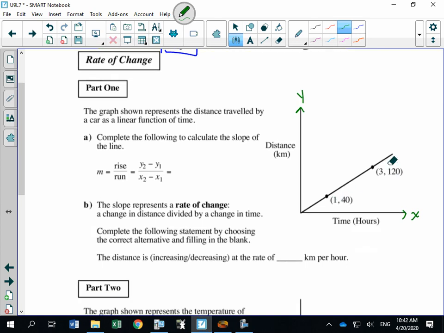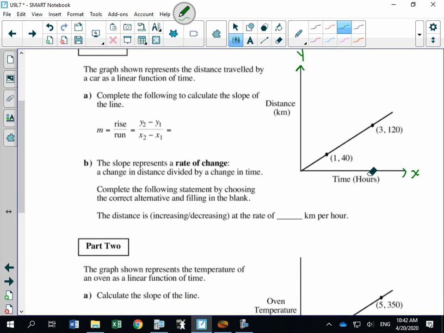Now, if we have 2 points, we could calculate based on these 2 points the slope of this line segment by using our formula of slope is equal to y2 minus y1 over x2 minus x1. So in order to be able to do that, let's label our 2 points. So x1, y1, x2, and y2. And then simply from here, we're just going to plug in our formula.